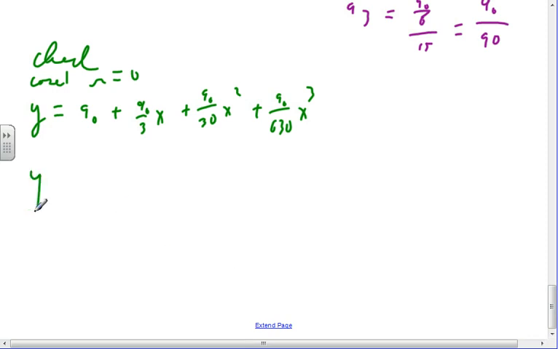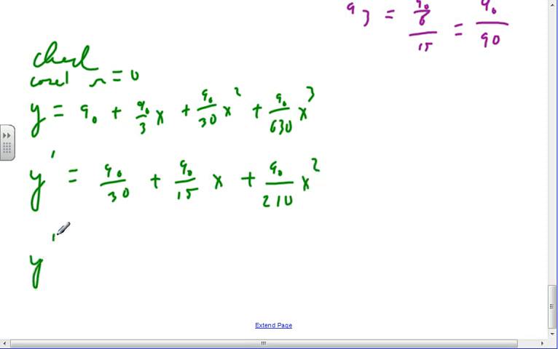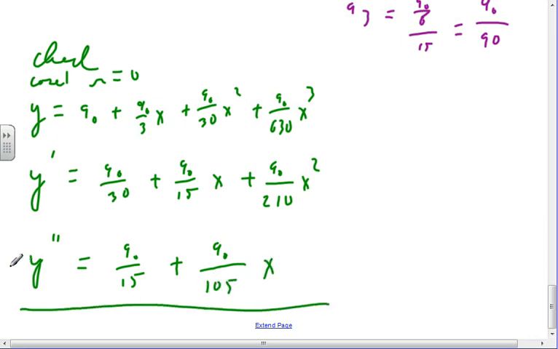Okay, y prime is a0 over 3 plus a0 over 15 x plus a0 over 210 x squared. Y double prime is a0 over 15 plus a0 over 105 x. Okay, now I've got 2x of this one, and I've got 3 of this one. I got minus 1 of that one, and when I get done, I better have 0.